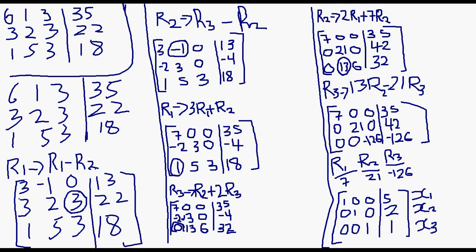So here x1 is equal to 5, x2 is equal to 2, and x3 is equal to 1. And x1 was representing the high risk, x2 was representing the medium risk, and x3 was representing the low risk. So the investor should purchase 5 high risk, 2 moderate risk, and 1 low risk respectively, in order to get that 35, 22, and then whatever.